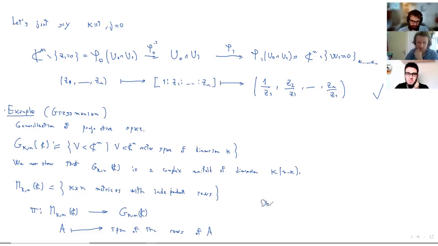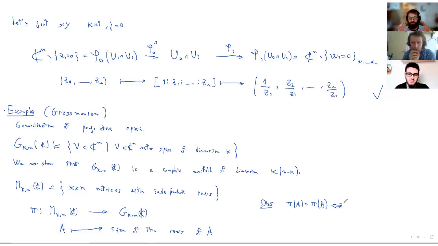And an observation should be: when do two such matrices produce the same object? When is pi of A equals pi of B?